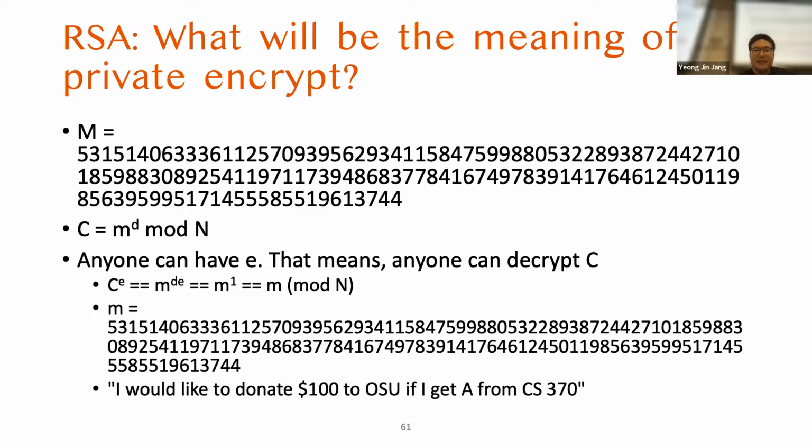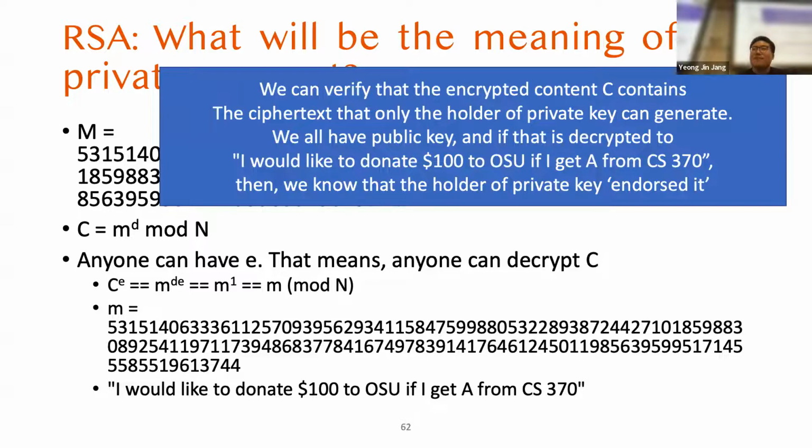That means we can actually verify that someone has endorsed some kind of sentence. The reason is that this ciphertext can be decrypted with the public key into this sentence.